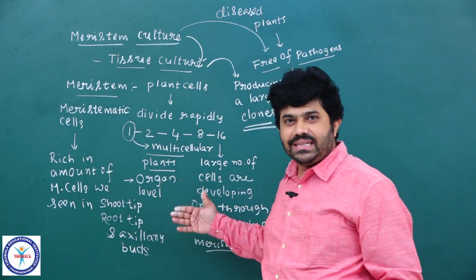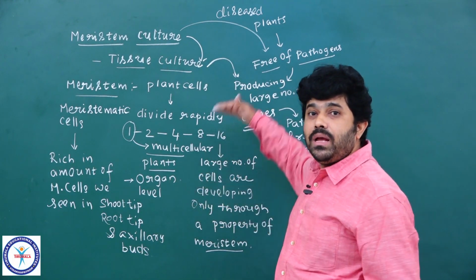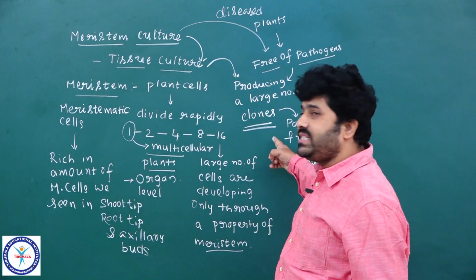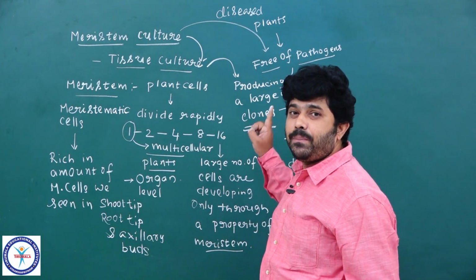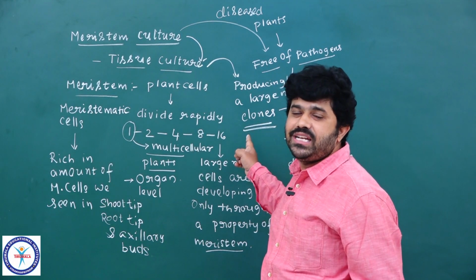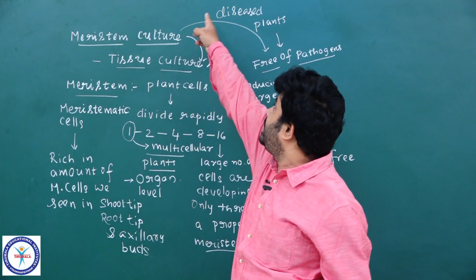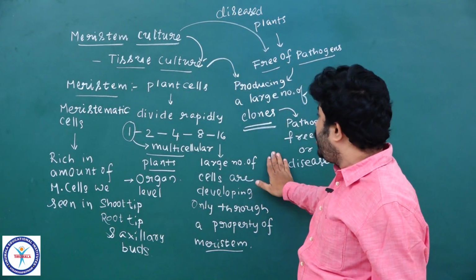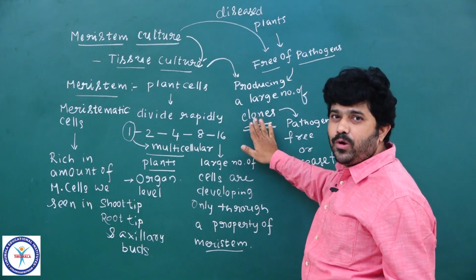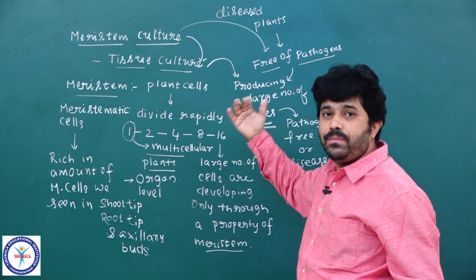Though they are collected from the diseased plant, the young generations or clones we produce may not carry the disease or pathogens. So from the diseased plant we are producing young copies, clones, with the ability to give more yield or a desirable character.